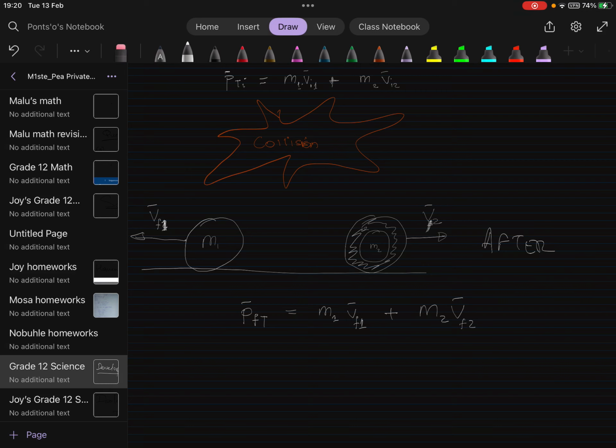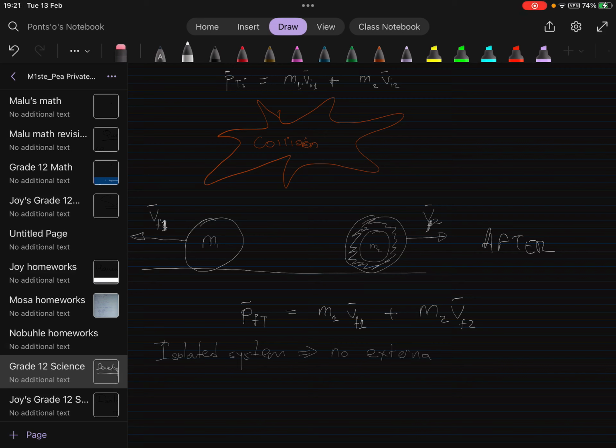And the system of the two balls is isolated since there are no external forces acting on the ball. So that's important to note. So isolated system simply implies there are no external forces acting on the balls.